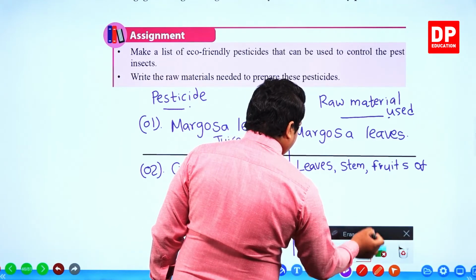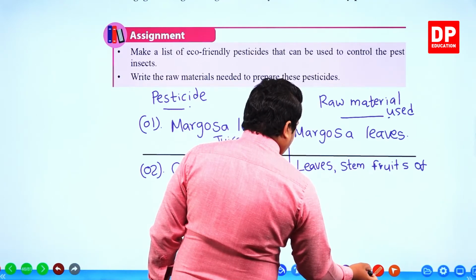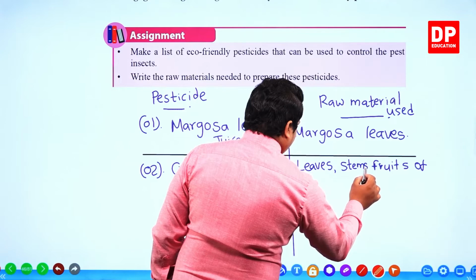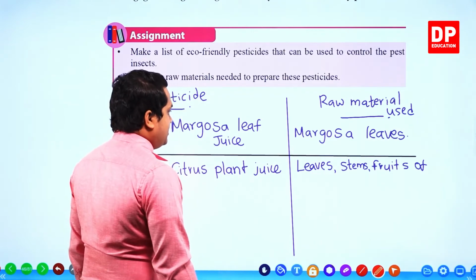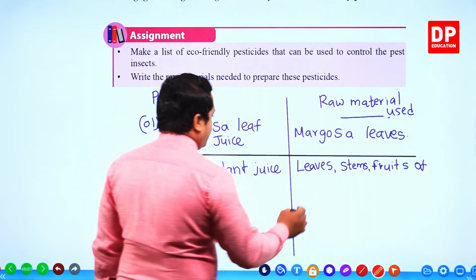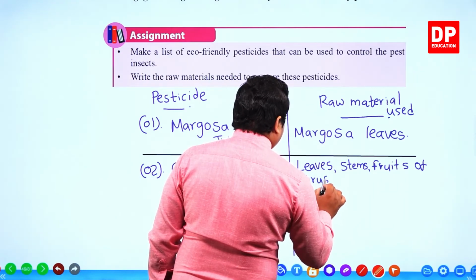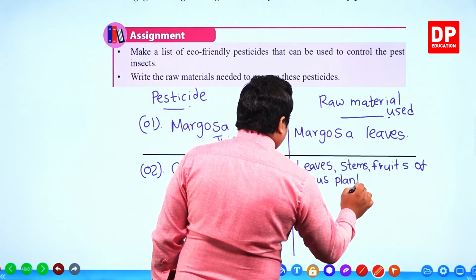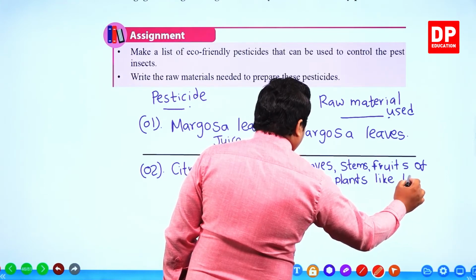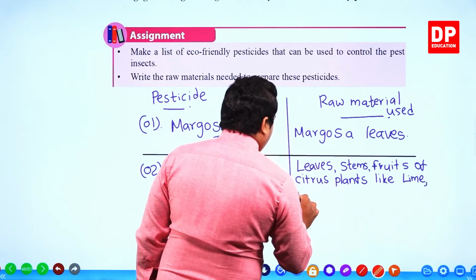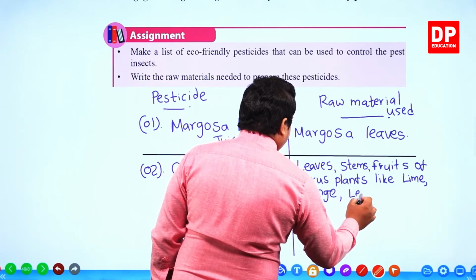Okay, I'll mention as leaves and stems, right? Stems. So stems, leaves, fruits of citrus plants like lime, orange, lemon.